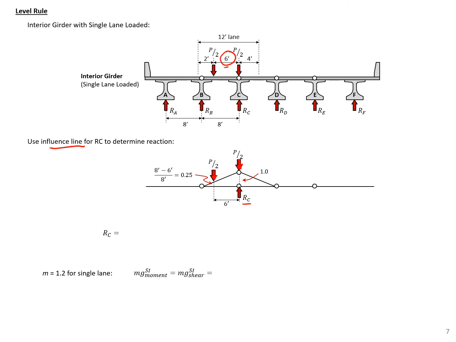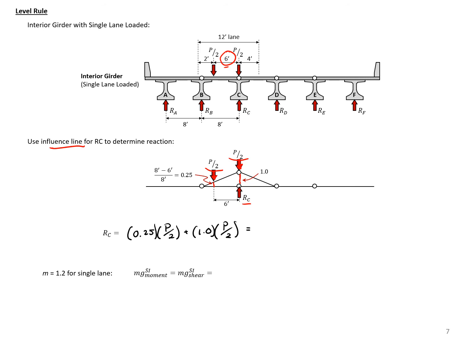And then we can find the magnitude of the load by taking the magnitude of each one of these point loads times the height of the influence line at that point. So we'll have 0.25 times P over 2 plus 1.0 times P over 2.